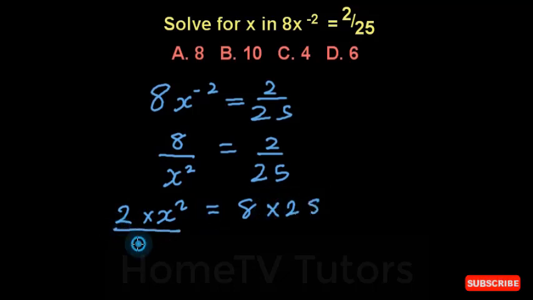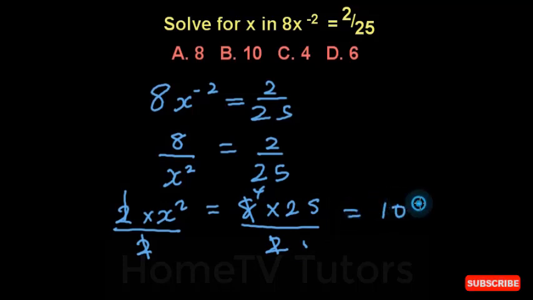Now we can divide both sides by 2, which will cancel out the 2 on the left hand side. Then 2 in 8 is 4. 4 times 25 will give us 100. Now we go further by finding the square root of both sides.